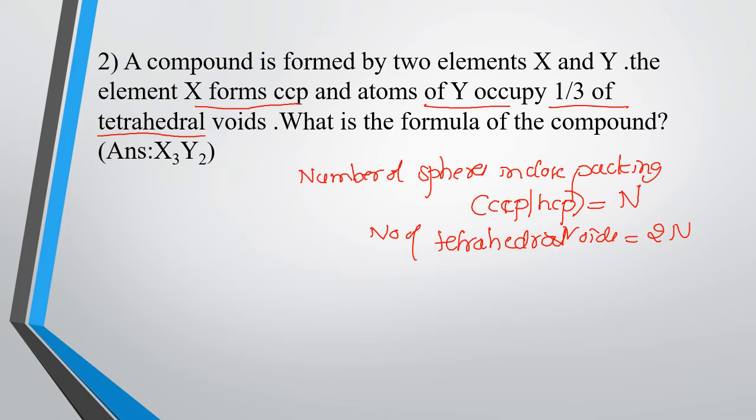Now they have given two elements X and Y, and the element X forms CCP. That means the number of spheres involved in CCP, let it be equal to n. I'll just write 1.